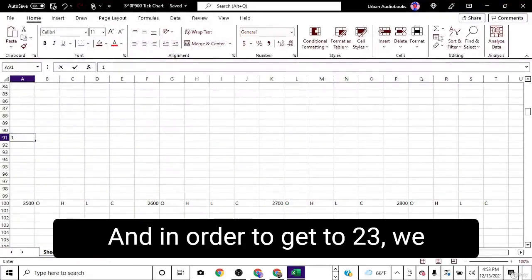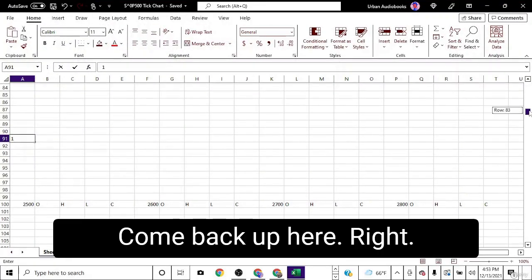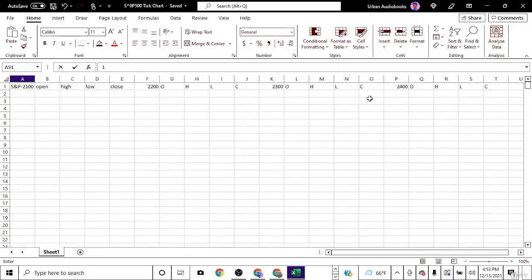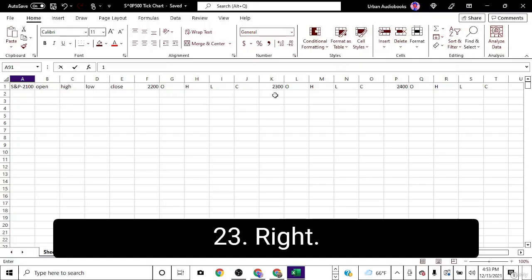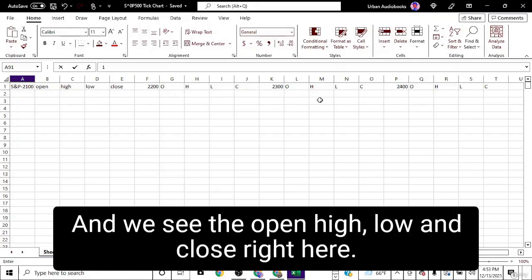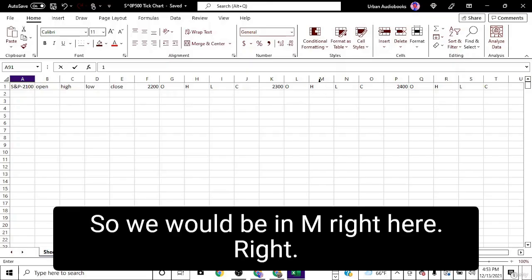To get to 23, we come back up here. We see 23 is in the K and L bracket right here. We see the open, high, low, and close right here. We're in the high, which was 2371, so we would be in M.